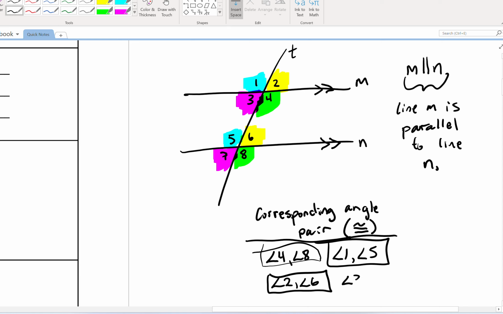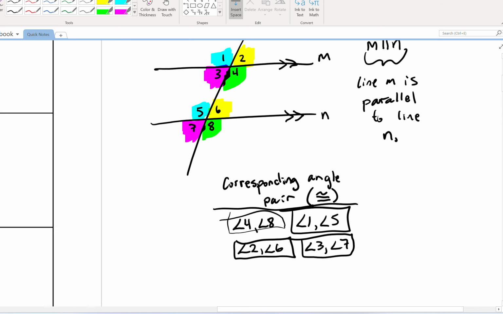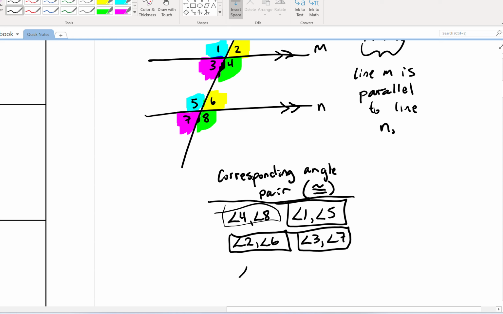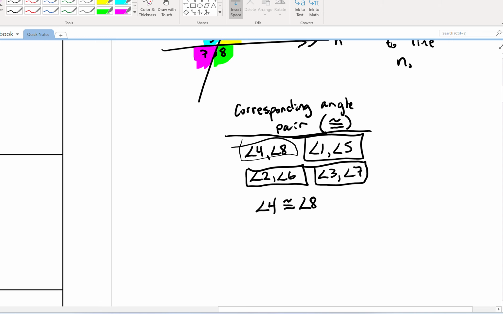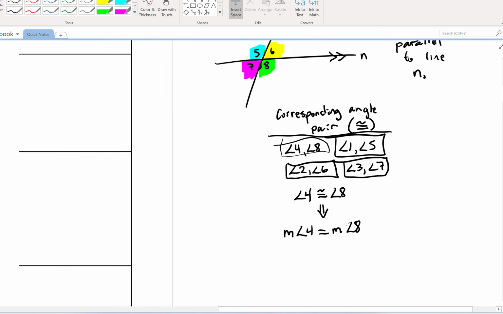Those are the angle pairs, and they are congruent. So I may say angle 4 is congruent to angle 8 because of corresponding angles, and this means the same thing as the measure of angle 4 is equal to the measure of angle 8.